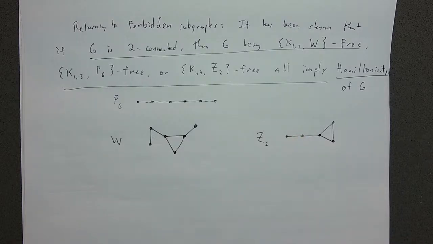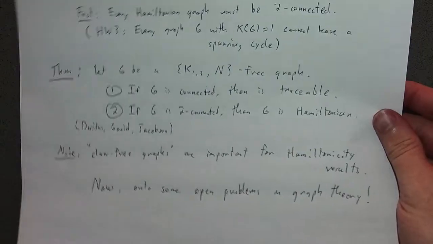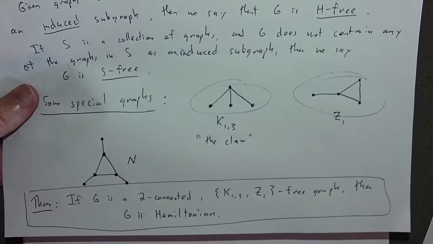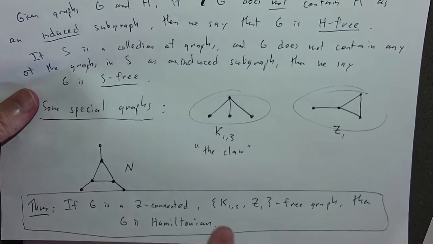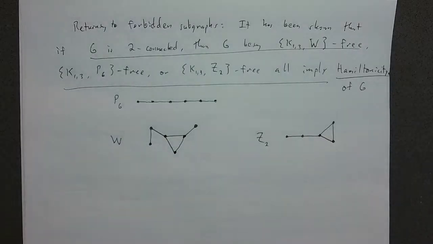So you will notice, and just reminding you here of those other results, there was the statement that if G is 2-connected, claw-free and N-free, then it's Hamiltonian. Here's a reminder of what N is. And our first theorem on this, which is if G is 2-connected, claw-free and Z1-free, then it's Hamiltonian. So in every single one of these, the claw shows up.